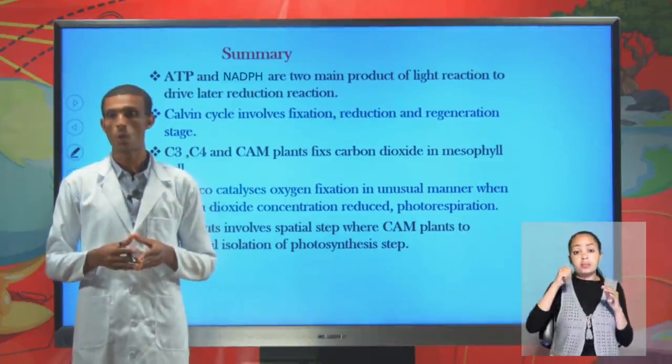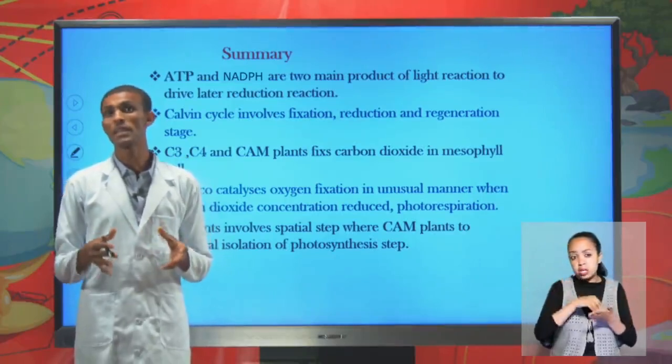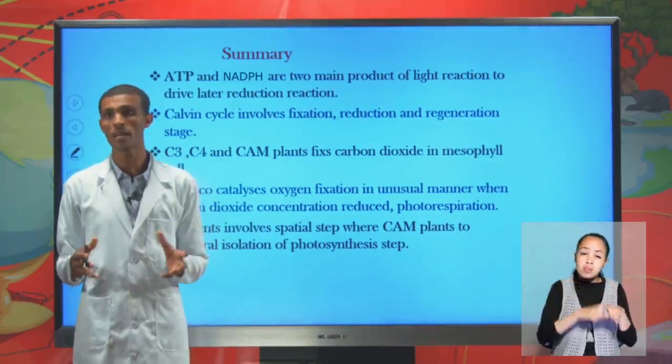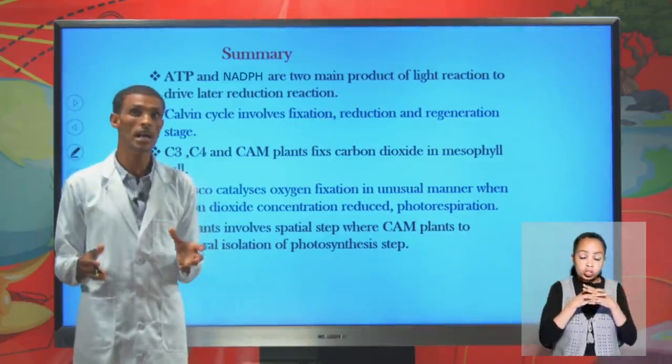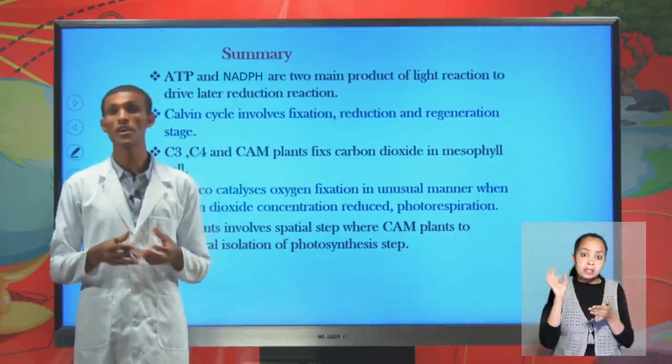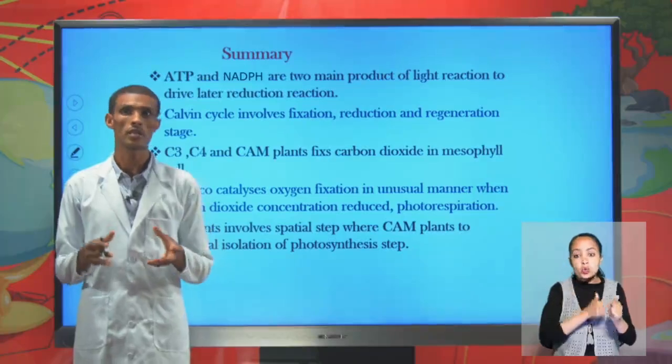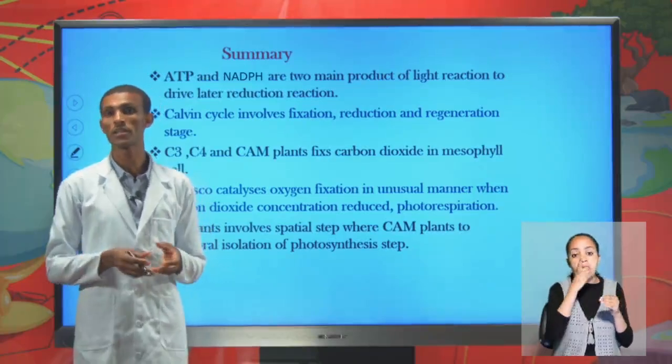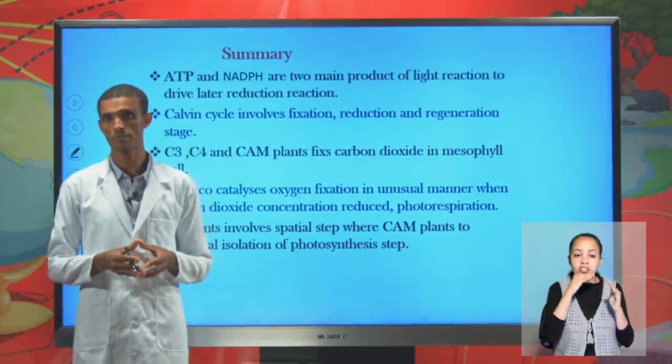We have seen again that the light-independent reaction is a very important reduction reaction for production of sugar, involving three consecutive stages: carbon fixation, reduction and regeneration.